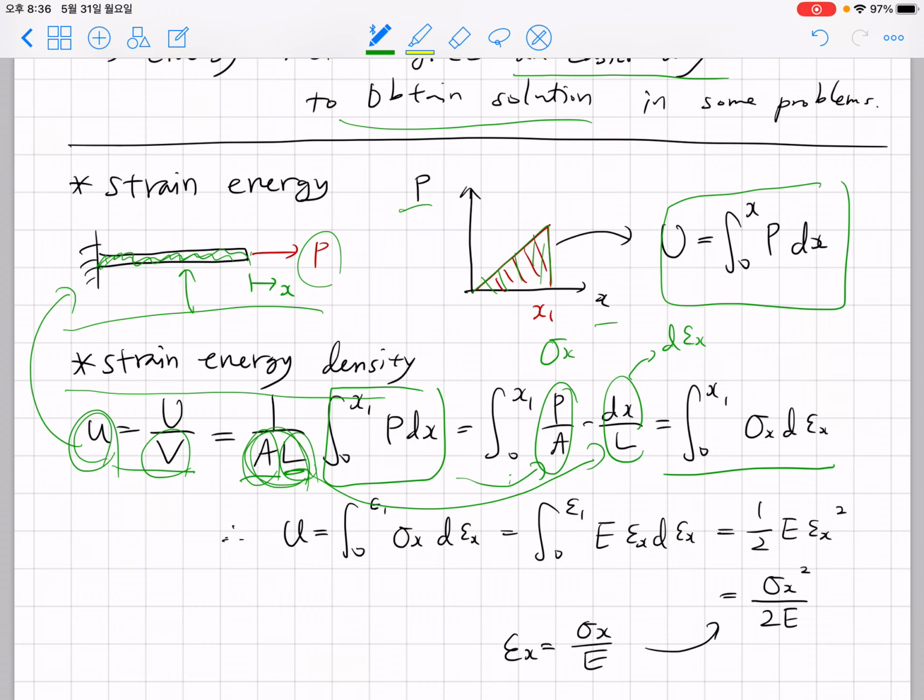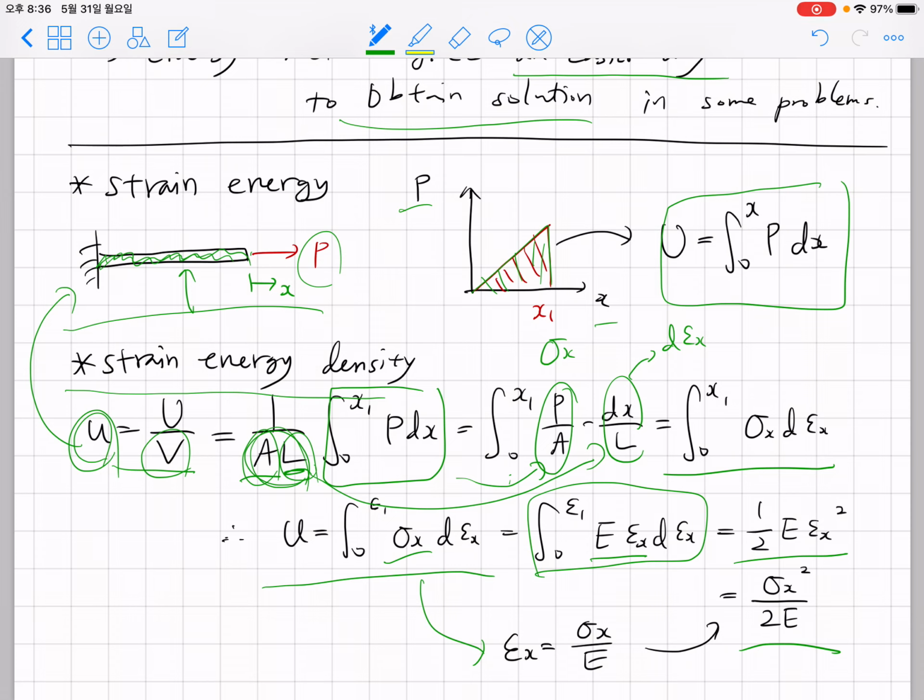Now, if you use the material relationship, the Young's modulus definition, epsilon x is sigma x over E. So you can plug in E times epsilon x in the place of sigma x, and that will give you the strain energy density, which becomes either half E epsilon squared or sigma x squared over 2E.